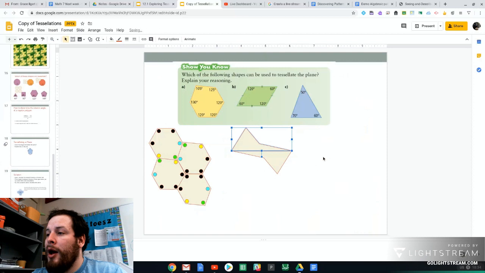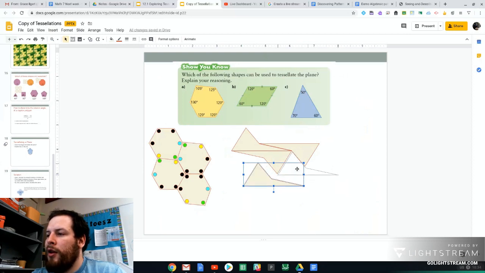Yeah, you're right. Because all quadrilaterals have interior angles that add up to 360 degrees. And 360 degrees is kind of the magic number for tessellations.